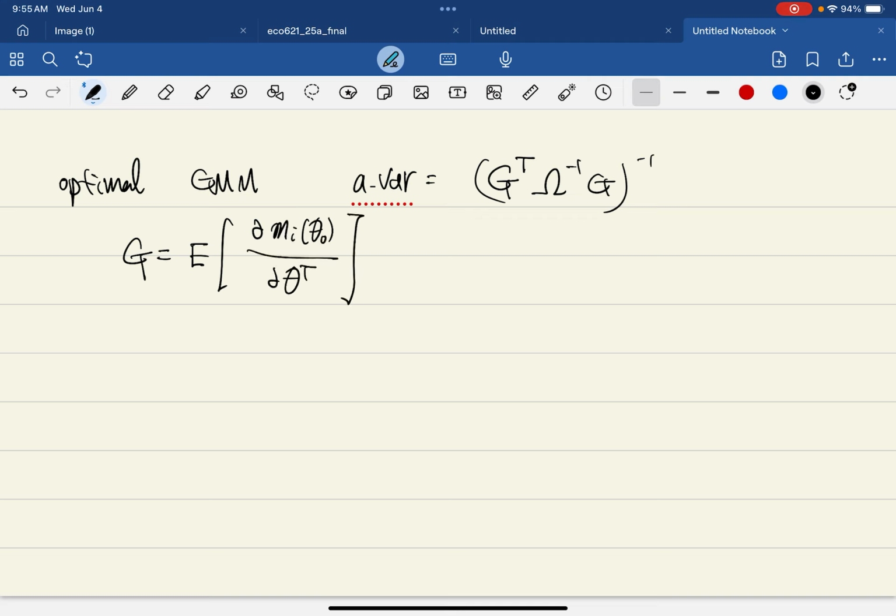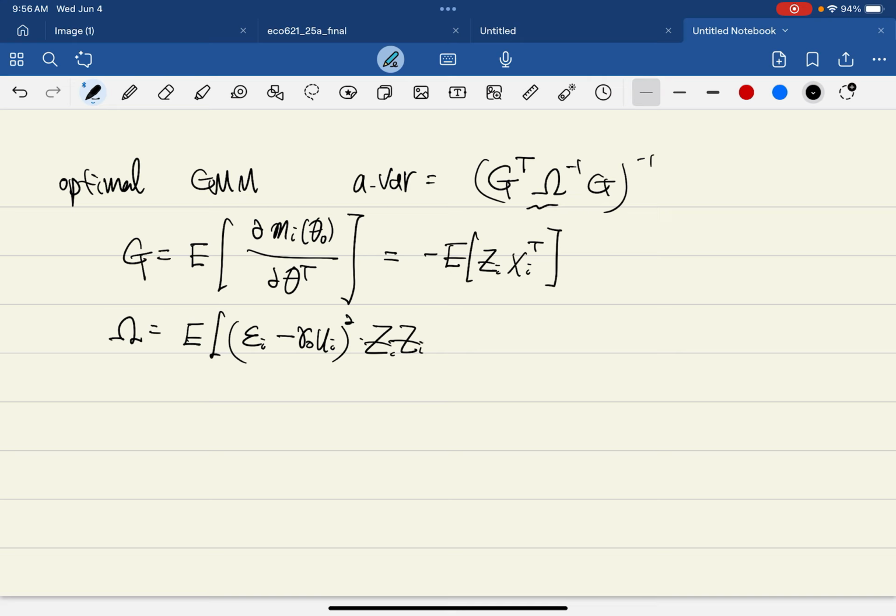And in our case, it is pretty simple. It was minus z_i x_i transpose. Since it was linear in theta, differentiation with respect to theta is pretty simple. And earlier we learned omega was the expectation of (epsilon_i minus gamma_0 u_i) squared z_i z_i transpose, right?